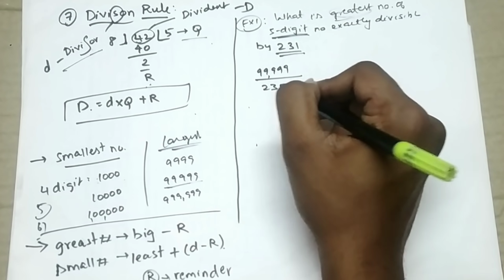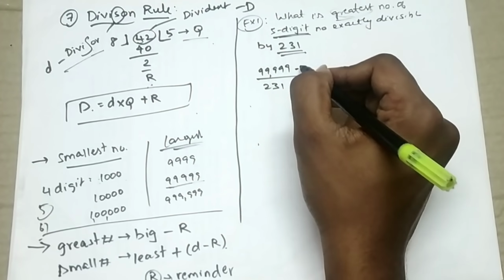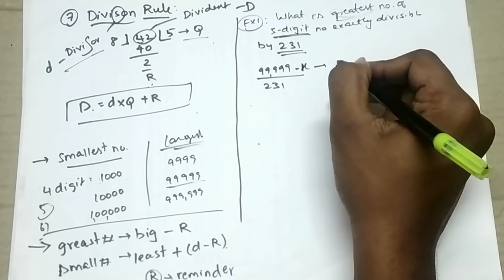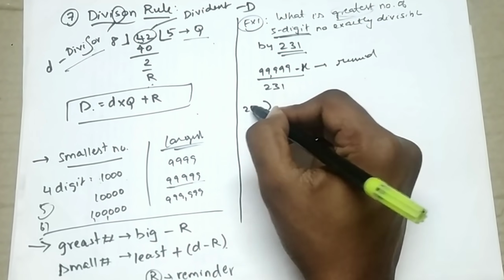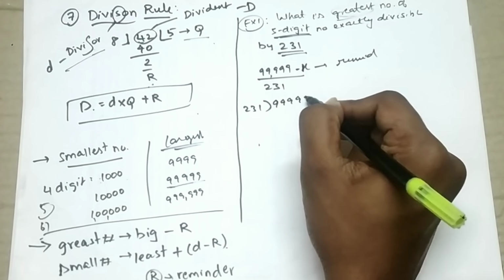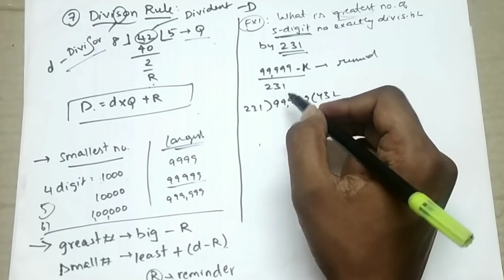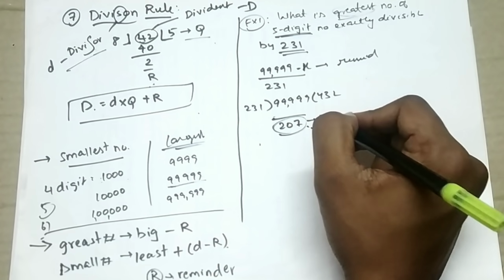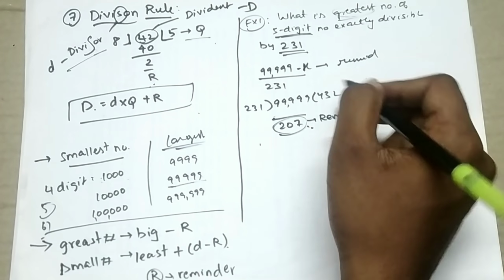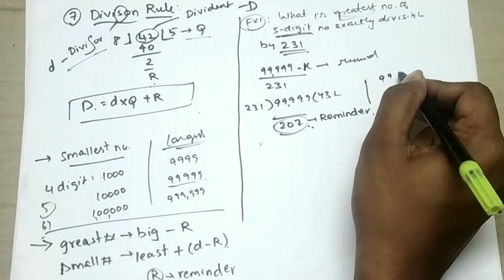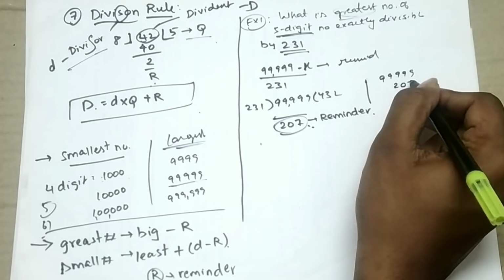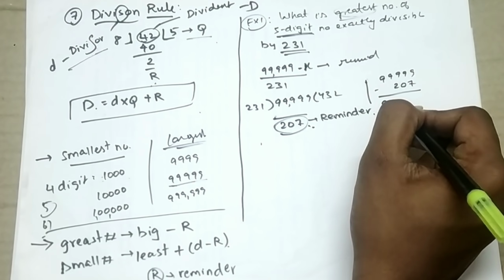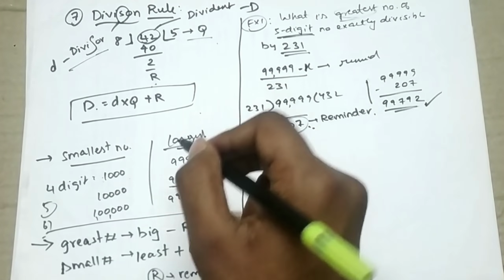By 231, we need to see the remainder. So we will divide 99,999 by 231, and by dividing we will get the remainder 207. So the remainder is 207, and the biggest minus remainder, so 99,999 minus 207 will be 99,792.